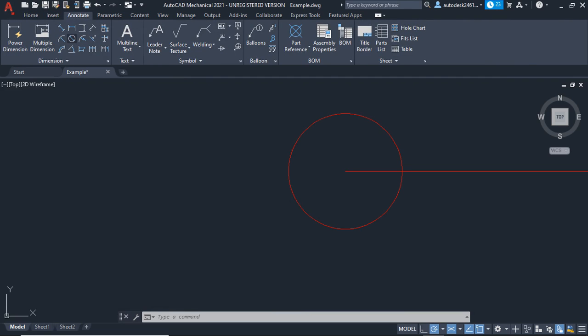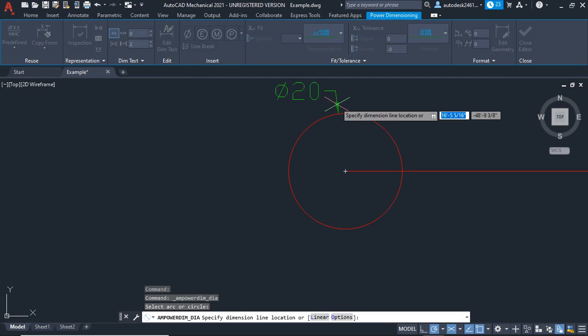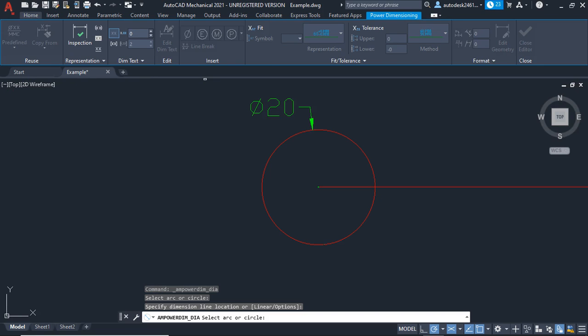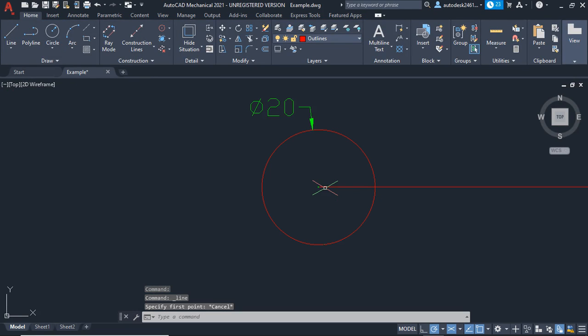So if I were to dimension it, I could see that the diameter is 20. Now what that means is that a line going from one side, from the center of the circle to one edge, would be 10. And then the line going to the other edge would be 10. So in total, this line that is here would be 20. Let me just delete that.